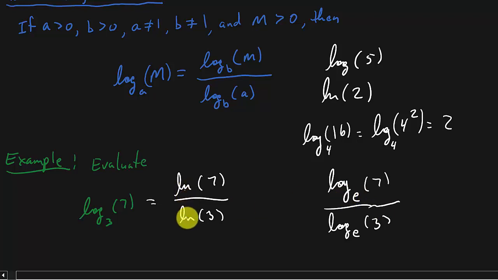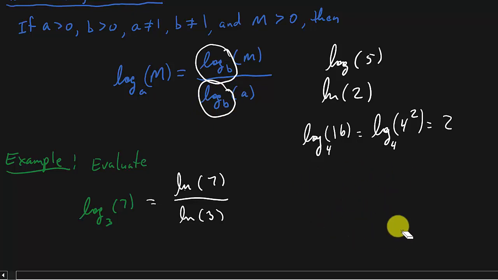Natural log. I just chose to do natural log, and that's what I do. If I do the base change formula for this, I'd use natural log every time. I don't know why, I just do. It's just, to me, easier to write ln.